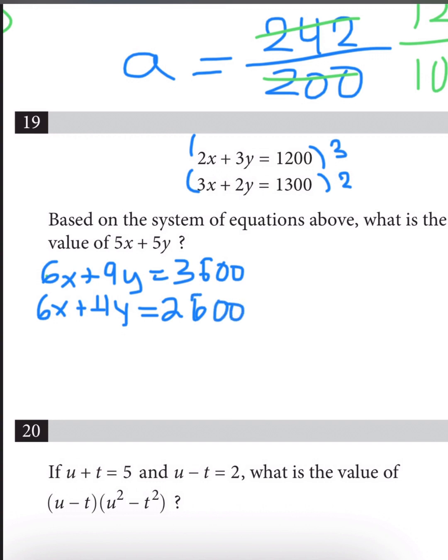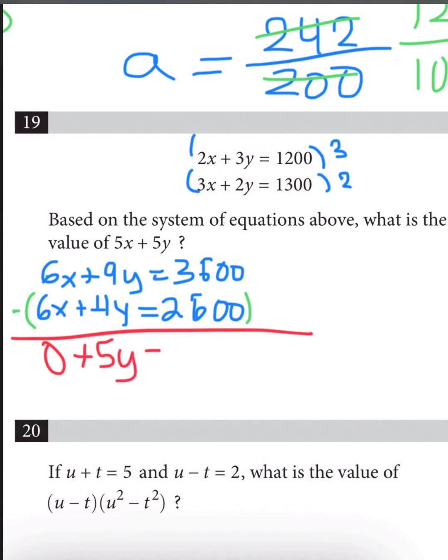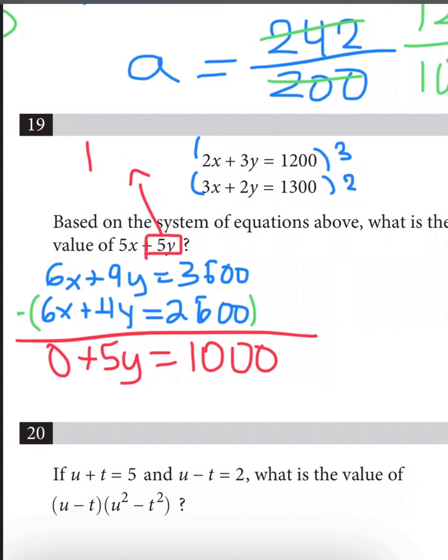Okay. Now we have to subtract it. So that's 0, and 5y equals 1000. So we know 5y equals 1000, so we can make a little note of that, but we still have to solve for y.